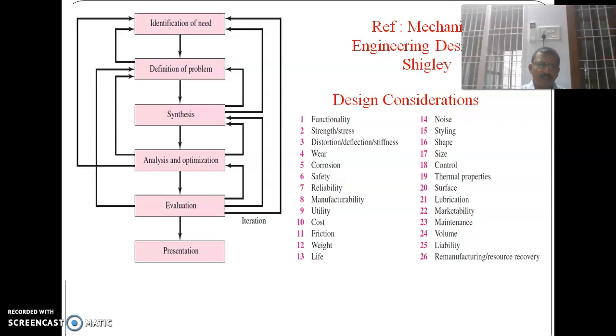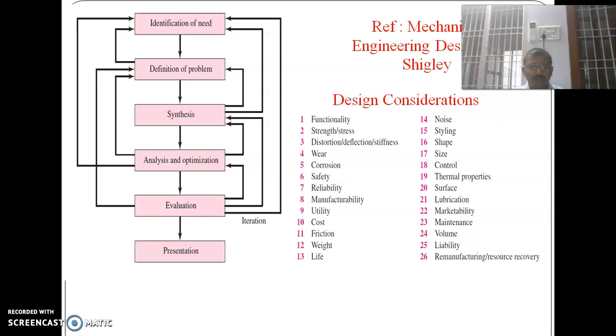So every process should be analyzed and optimized, and finally we have to evaluate and choose the best one. There may be so many alternatives, with some benefits as well as some disadvantages for each method, and we have to choose the best one. That is called the evaluation phase.